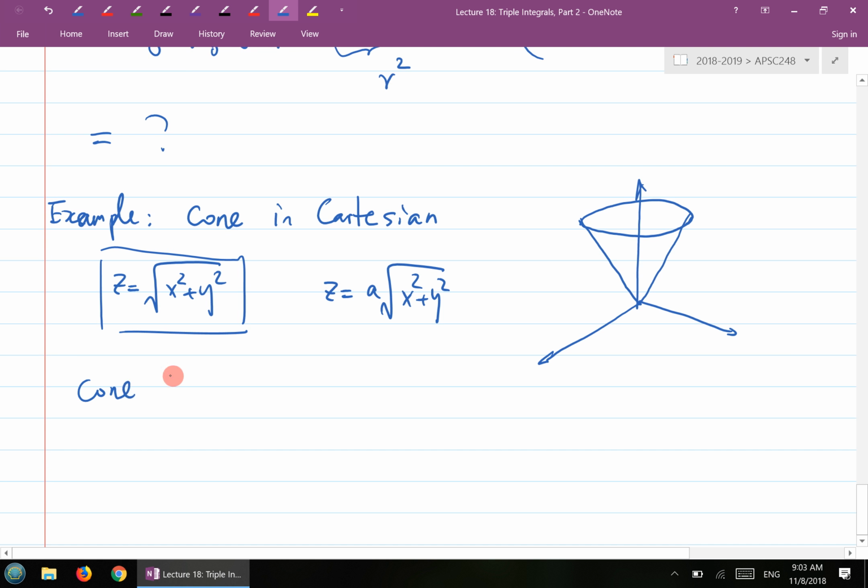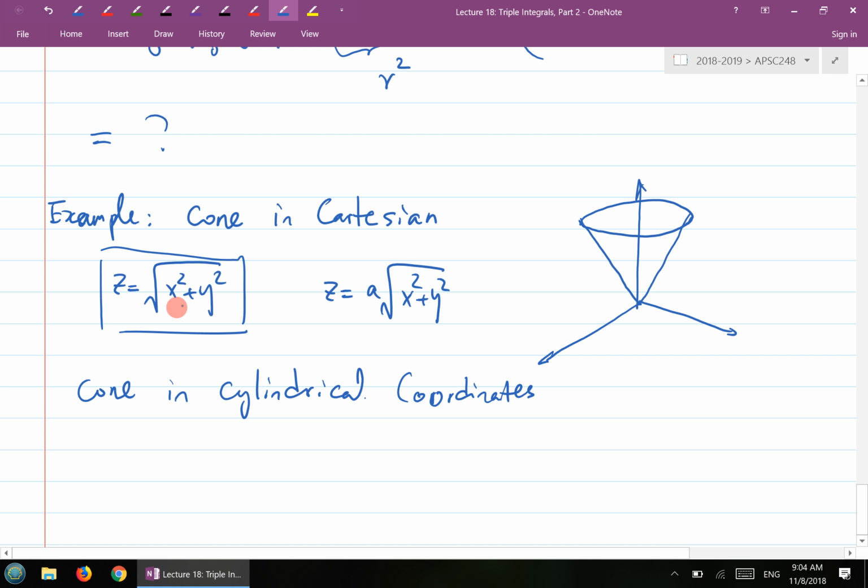So what's the cone equation in cylindrical coordinates? Because I wrote this cone equation in Cartesian coordinates, right? I can definitely represent this cone using the three cylindrical coordinates. So how do we do it? It's very simple.